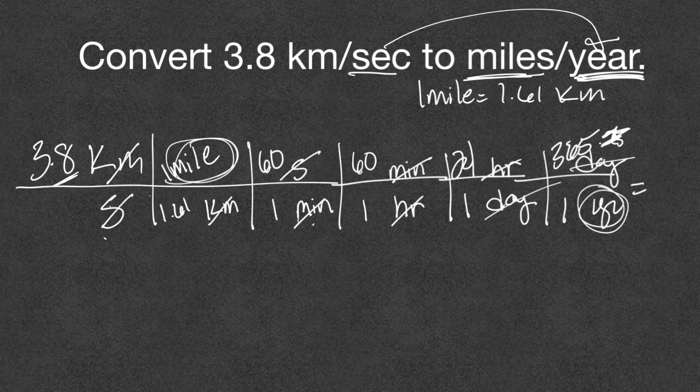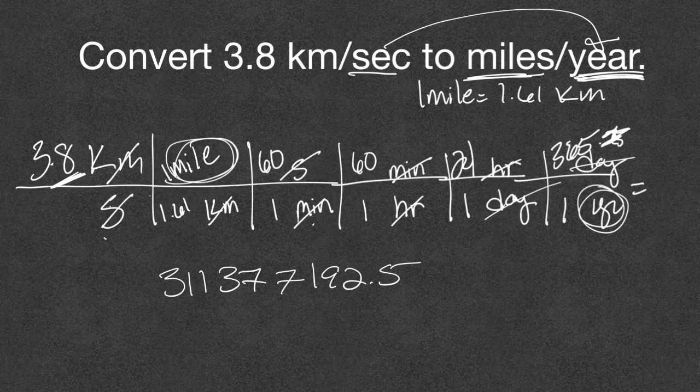But the thing is we only want 2 sig figs. So let me show you what I'm getting in the calculator. 311377192.5. That was in the calculator. But I only need 2 sig figs. So that's 1 and 2. My number's going to stop right there. I'm going to look one past. This 1 tells me to leave this other 1 alone. So I'm going to do 31.